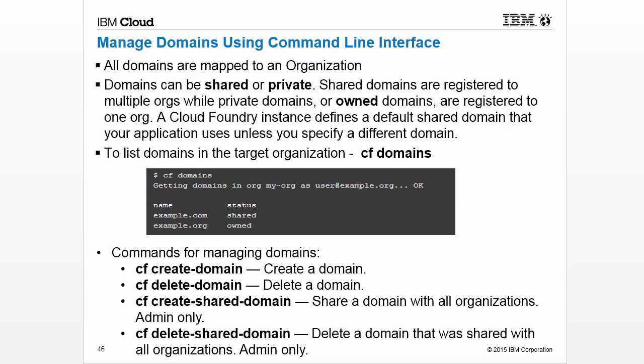Commands for managing domains are cf create-domain, cf delete-domain, cf create-shared-domain, which creates a shared domain with all organizations and is available for admin only, and cf delete-shared-domain, which will delete a domain that was shared with all organizations.